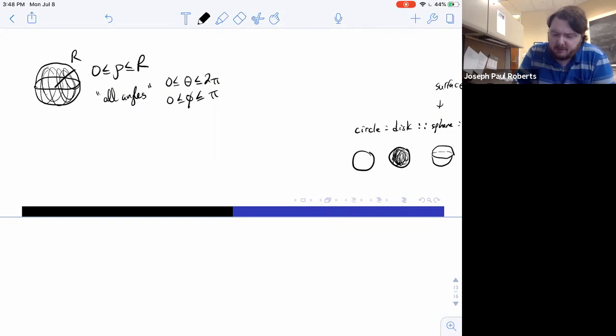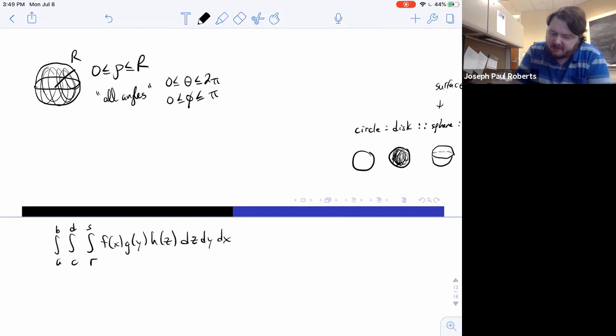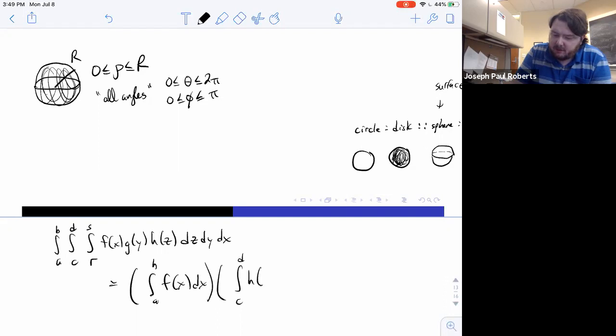So for triple integrals, if I had something like a to b, c to d, r to s, of f of x, g of y, h of z, dz, dy, dx, then I'm allowed to do something like a to b of f of x dx, times c to d of g of y dy, times r to s of h of z dz.